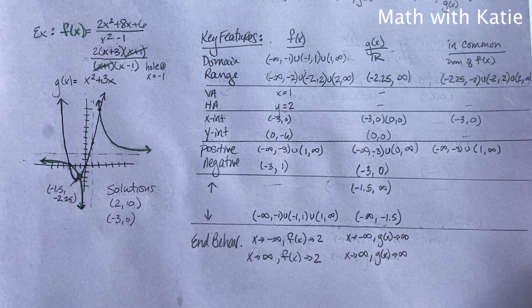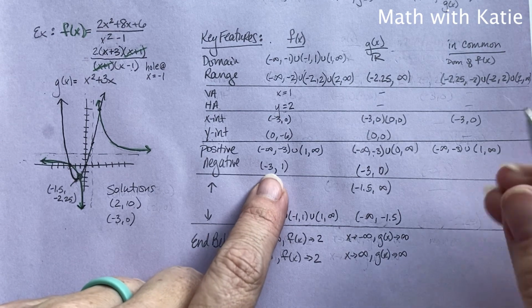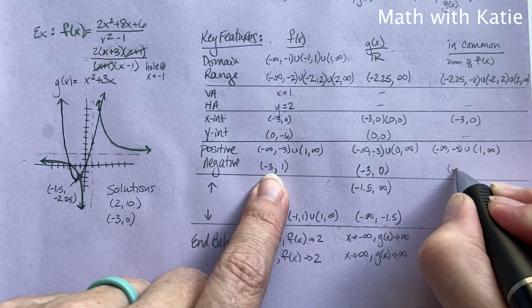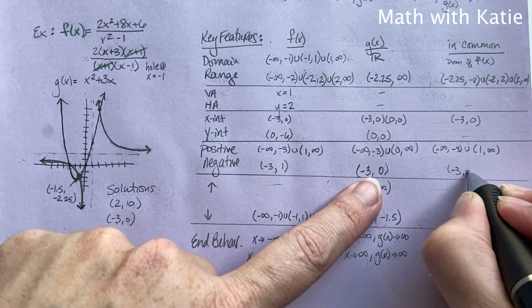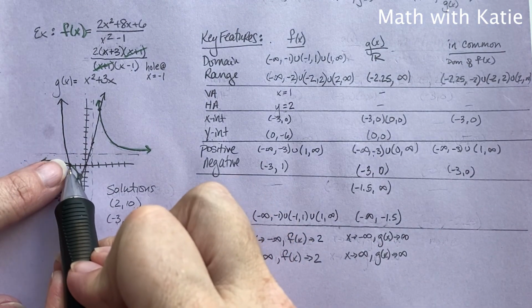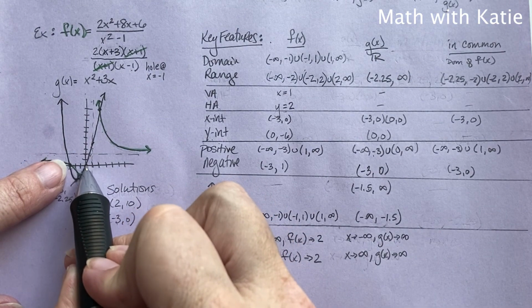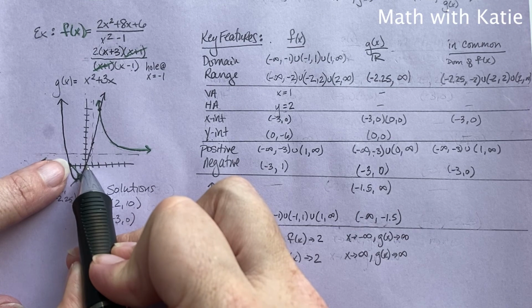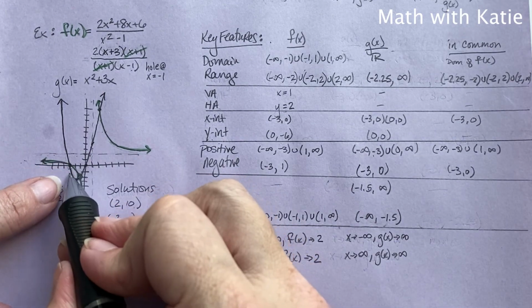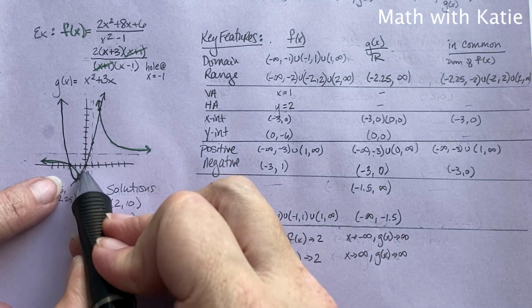Now, on what interval of the domain are they both negative? That'll be negative 3 to 0, and we can check it here, because that's when the g of x function turns positive. So they're both negative in this interval.